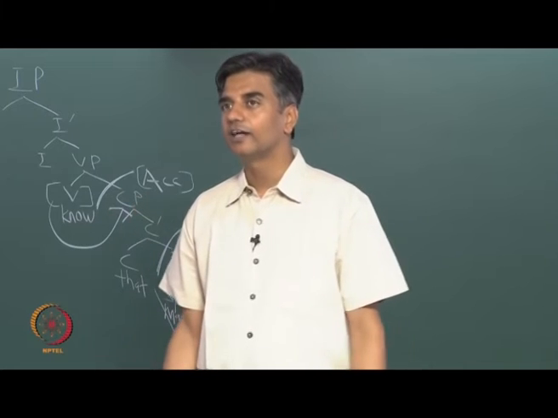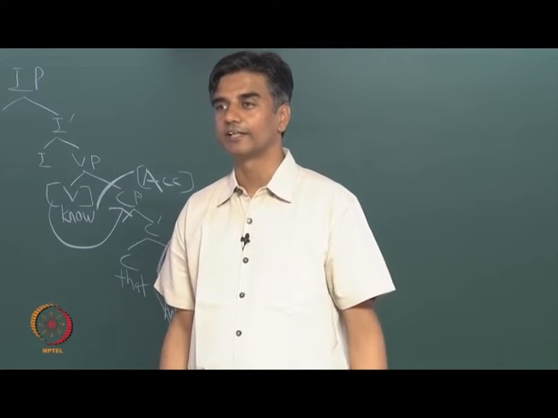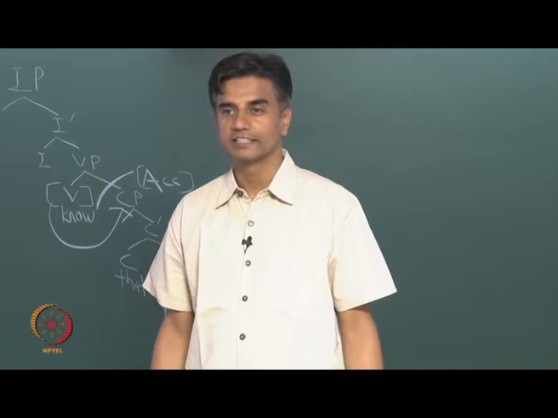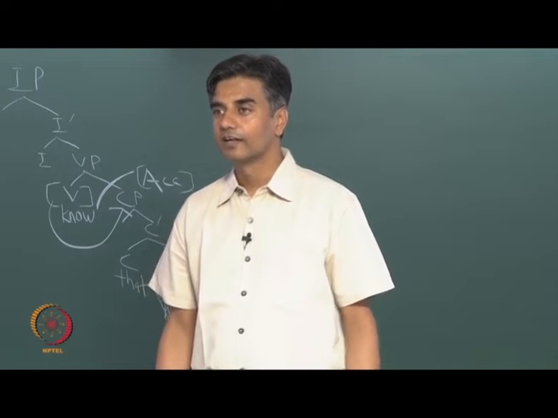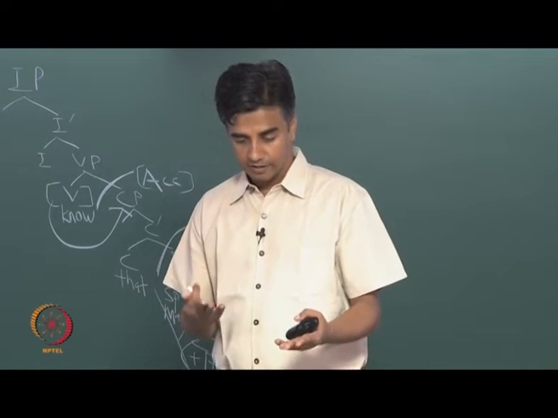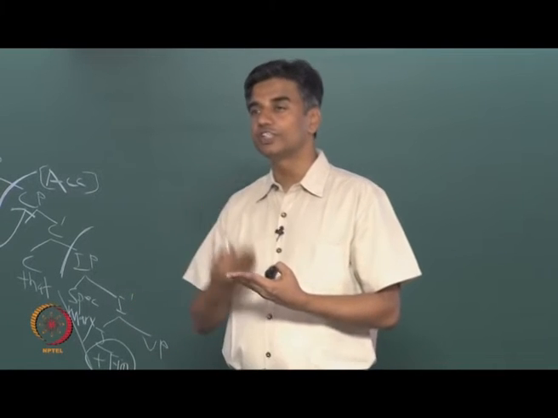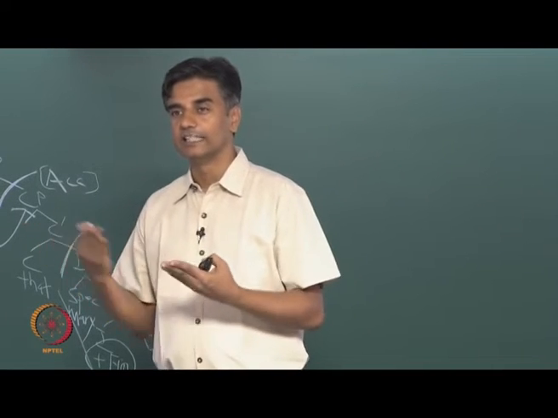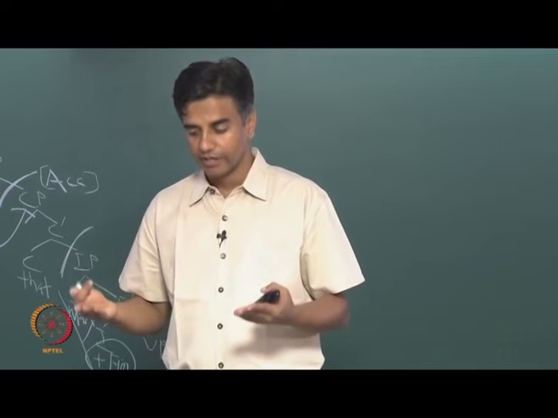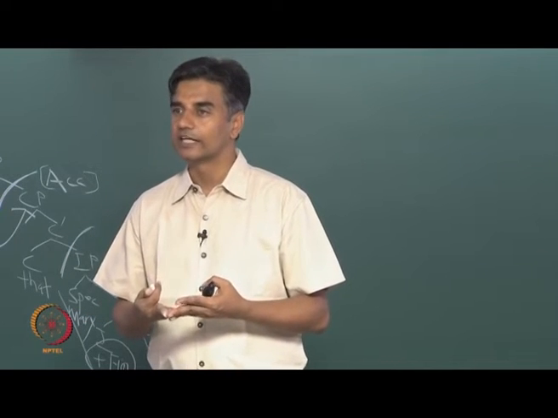If we don't have the for in this kind of a sentence, then the sentence is not good. Can we say her to laugh is difficult? We can't say this kind of sentence because, and now I hope you can see the point with clarity, the reason why we are unable to say her to laugh is difficult or she to laugh is difficult is that these sentences are not allowed because there is no case assigner.